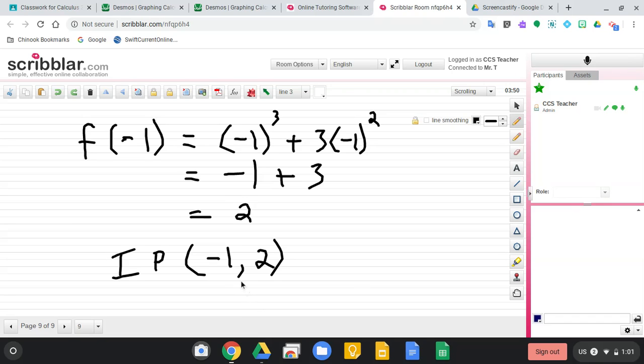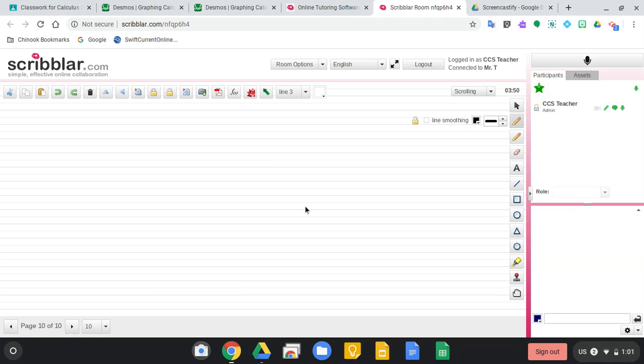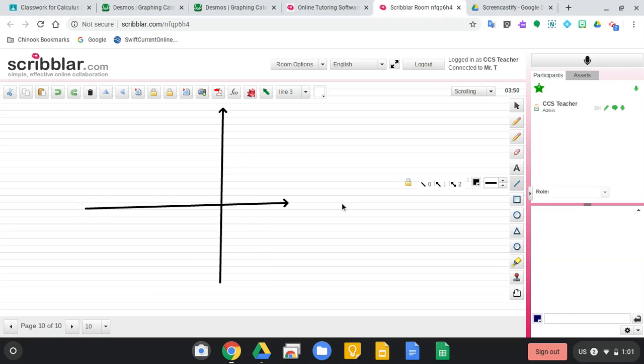So now what I need to do is graph this. I can draw a very rough coordinate axis. There's my y-axis. Here's my x-axis.